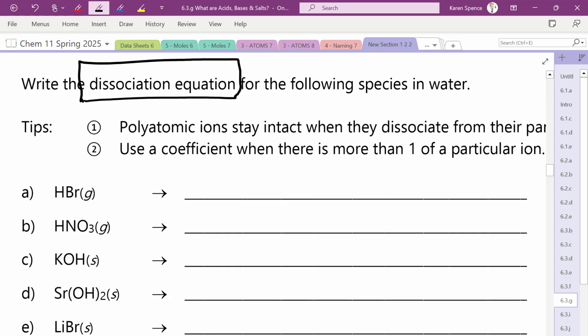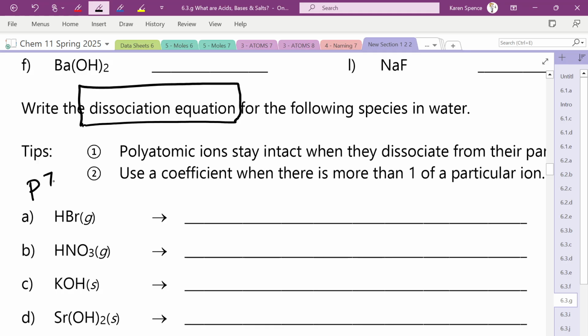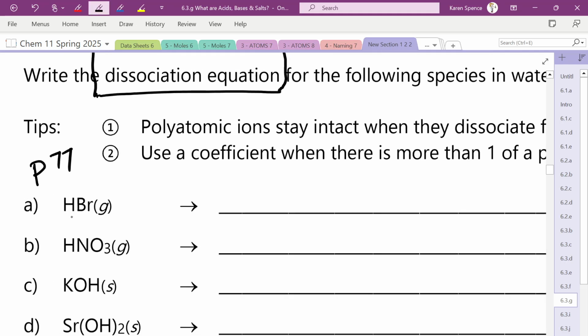So if we have, and this is on page 77, if we have HBr gas and we put it into water, it will dissociate into H ions and Br ions.